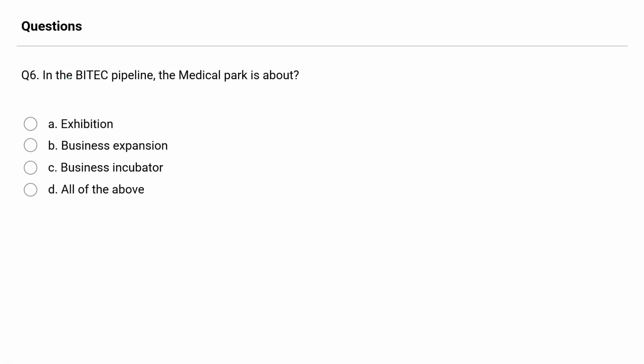Let's go to the sixth question. In the BITIC pipeline, the medical park is about what? If you remember, the BITIC pipeline, it was more of a graphic like this.